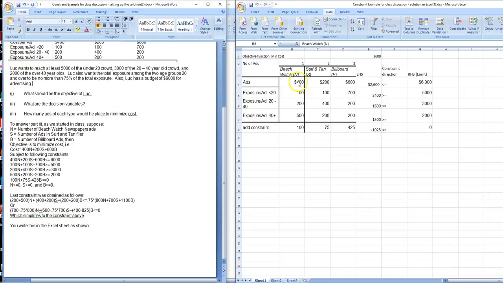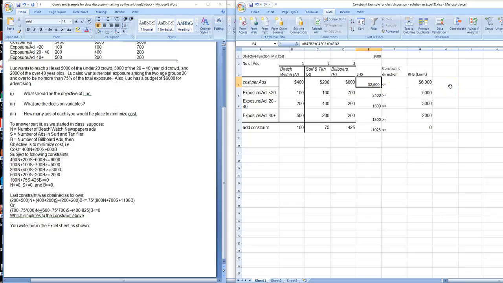Then cost of ads is 400, 200 and 600. So here we could just modify it. You can write cost per ad. So that gives you 400, 200 and 600. And then when you multiply it, the total is 2600.